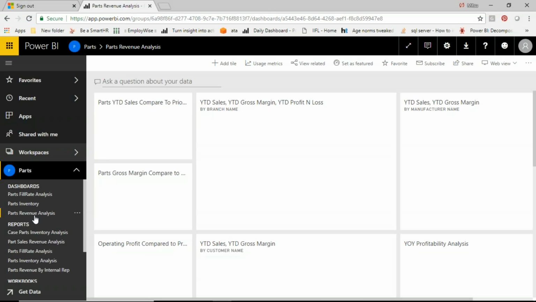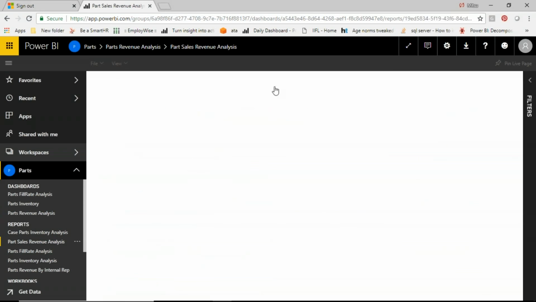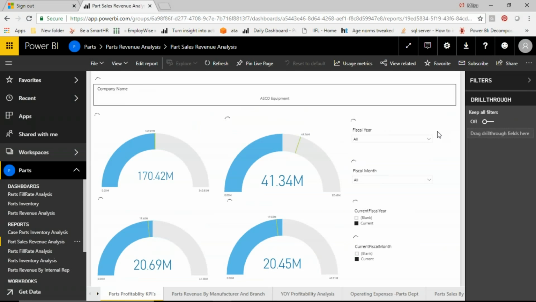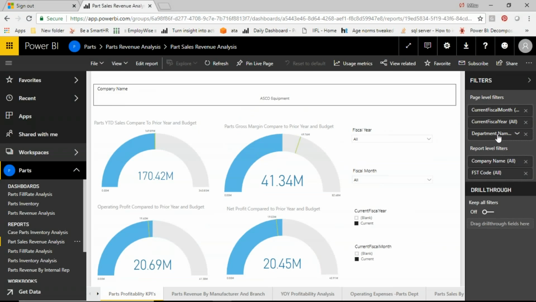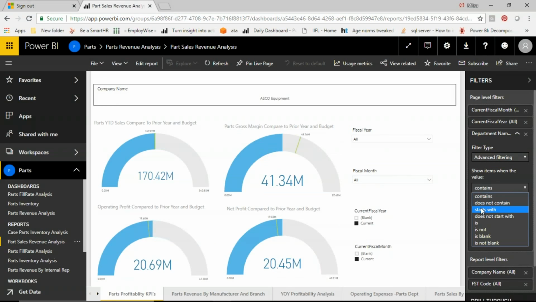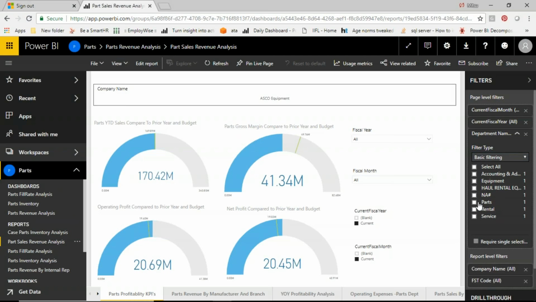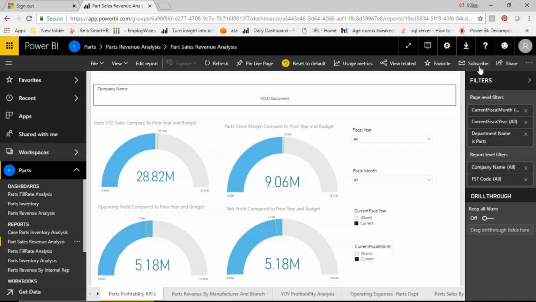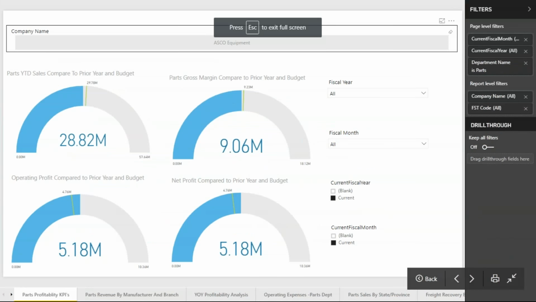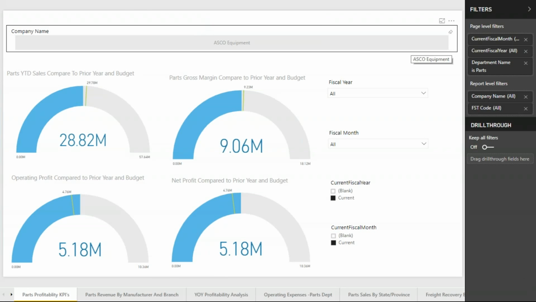Then we look at the inventory. The revenue stuff, I think, is on the dashboards. This is similar to what we saw on the profitability side. The only difference is that now this one is just for the parts. The numbers on the dashboard might be showing you the entire company right now.